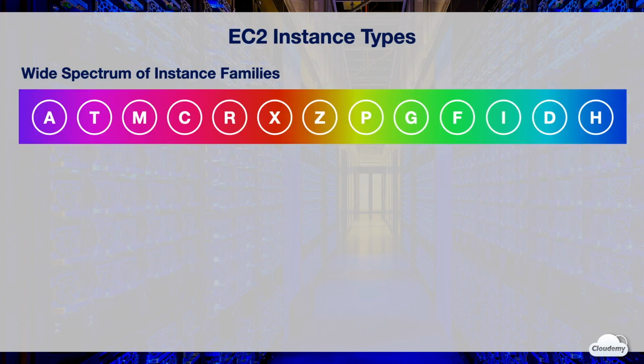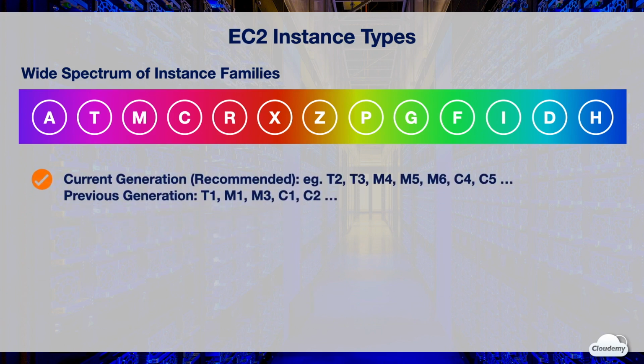Amazon EC2 has a wide spectrum of instance types, optimized for different use cases. These instance types comprise different combinations of CPU, GPU, memory, storage, and network capacity, which give you the flexibility to choose the right mix of resources. AWS introduces new generations and instance types all the time. For example, we have current generation instance types like T2, T3, C4, and C5, and previous generation like T1 and M1.